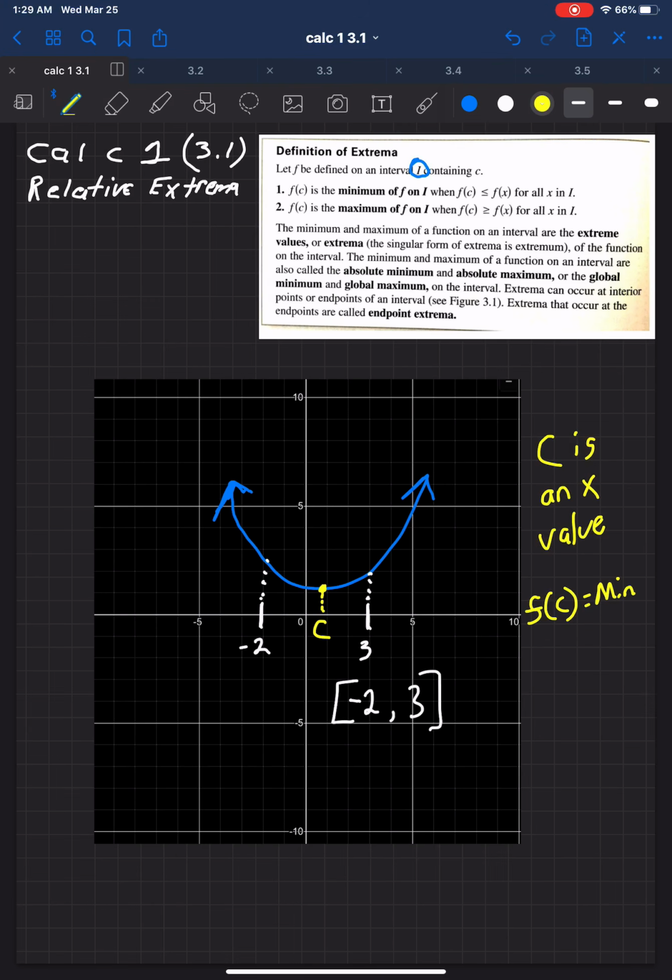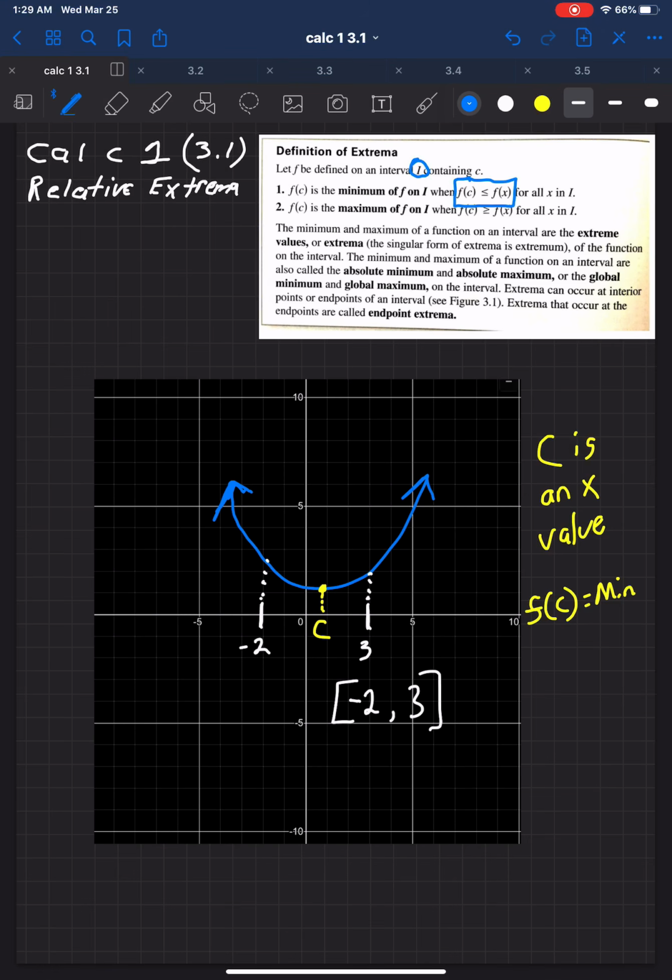Well, we get to say it is a minimum of f on that interval when the following conditions apply: that f of C is less than or equal to f of x for all other x in that interval.